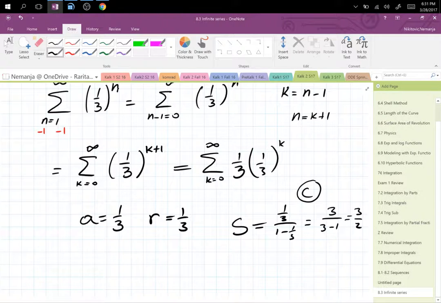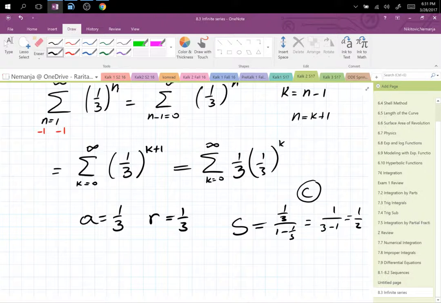Oh, sorry, it would be 1. Yeah, it's 1/2. Sorry, 1/2. When I multiply top and bottom by 3 to get rid of the double fraction, it becomes 1 over 3 minus 1, and that's 1/2. So it adds to 1/2.